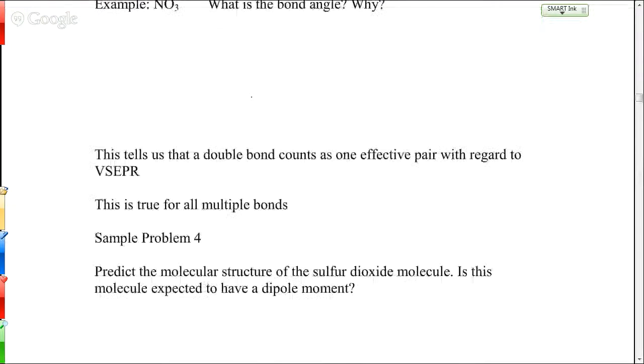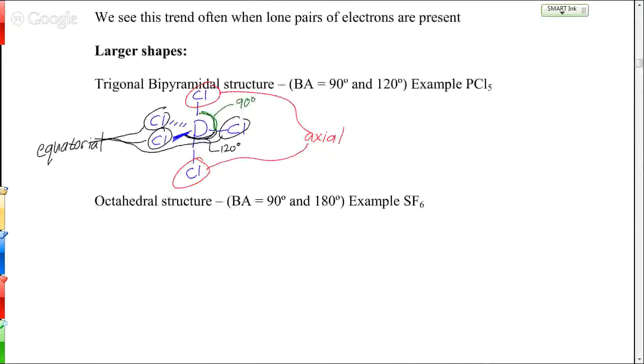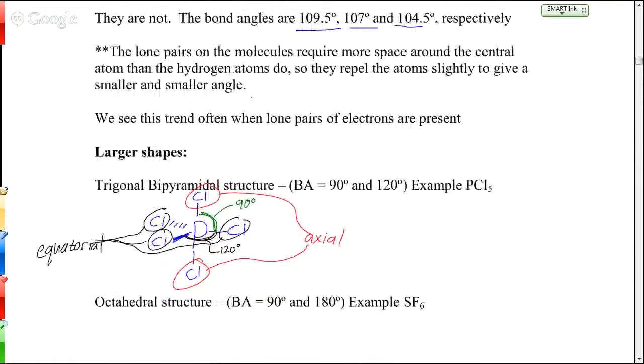So let's talk about how this one breaks down when we have electron pairs instead. So instead of PCl3, let's look at one that was on the exam, SF4. So we're going to have a central sulfur atom and 4 fluorine atoms. And most people drew this something like this.